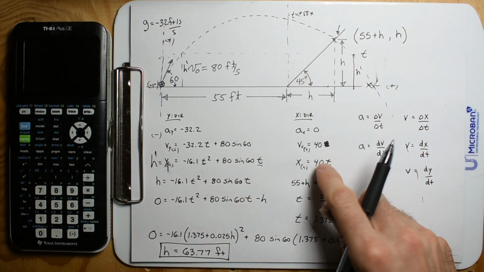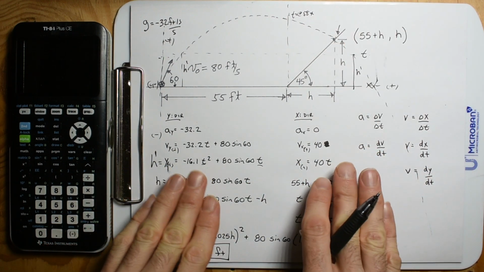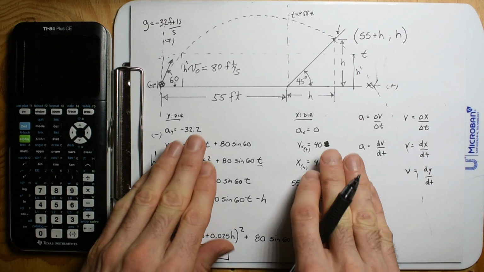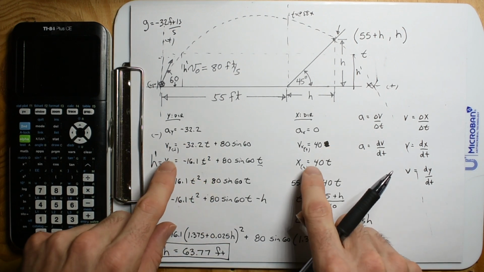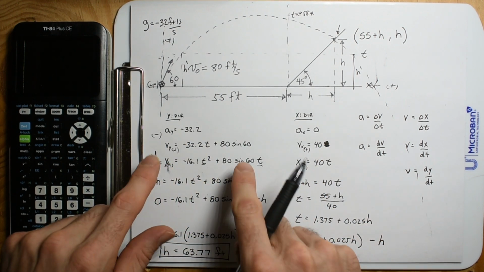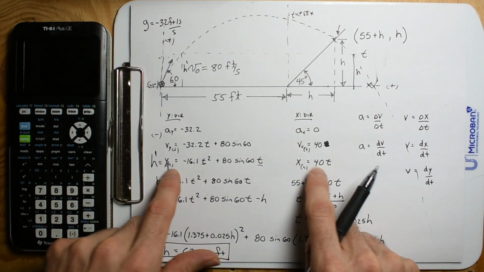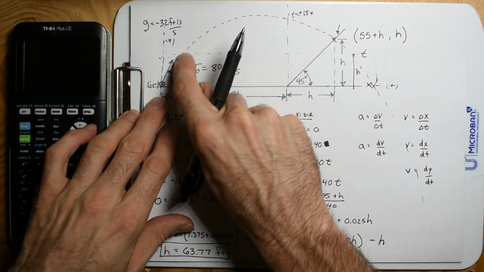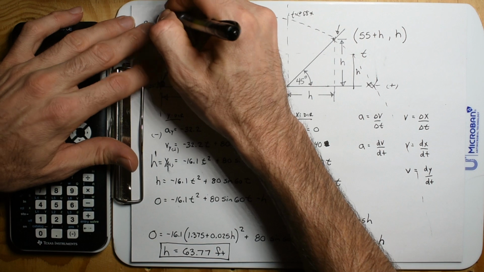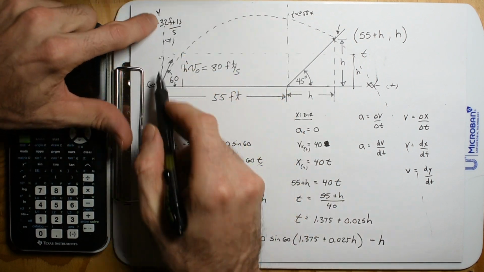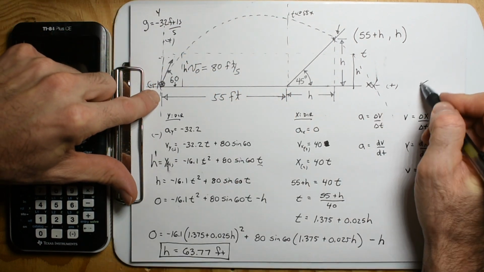And what we talk about in the video is how these are two separate equations. These are functions of time, but neither of these equations represents the actual path of the football. Because the actual path of the football is y as height, and x as distance.